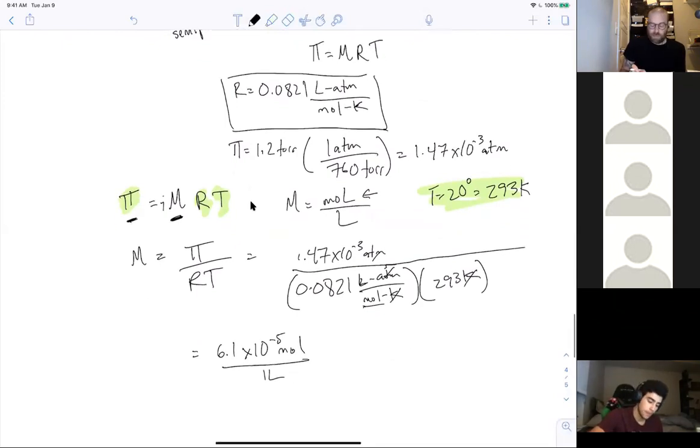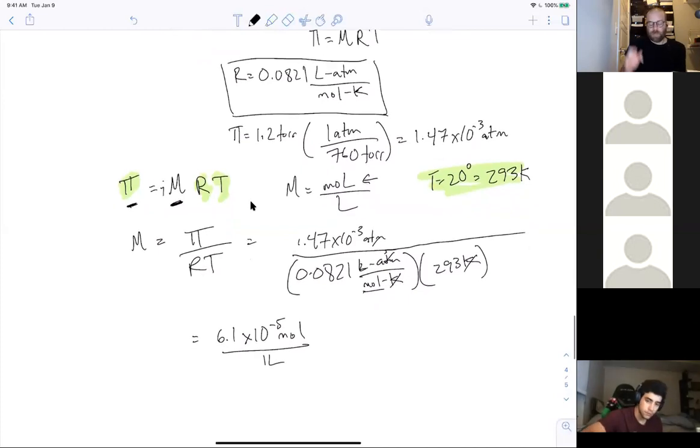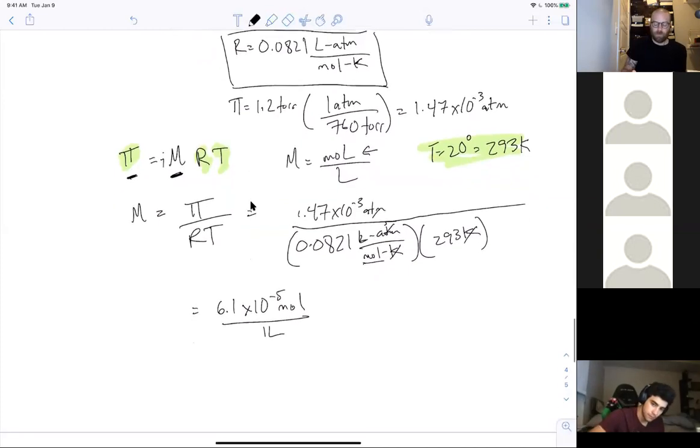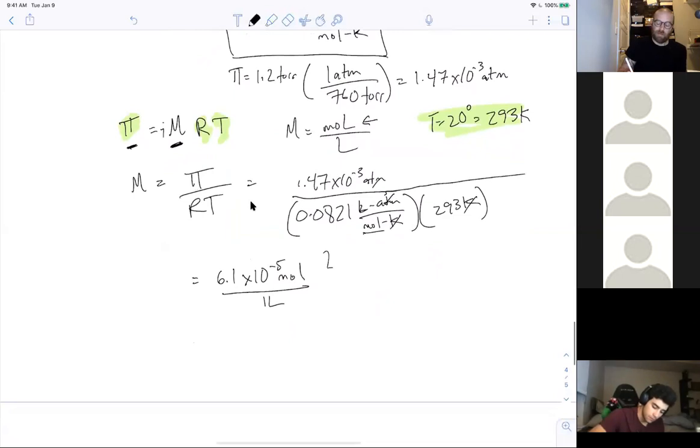So you're close to being done with this problem at this point, but remember it asks for the molecular mass. So this is the molarity of the solution. Let me rewrite this here.